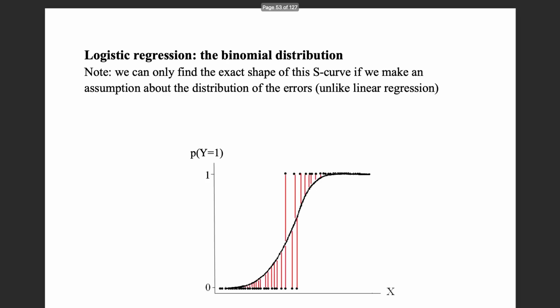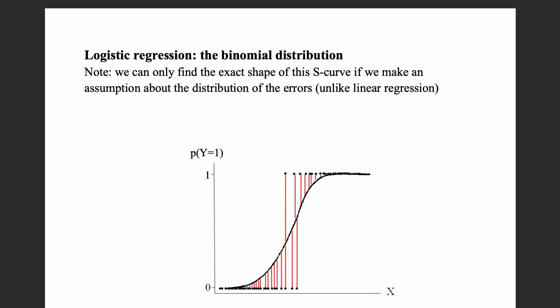So that is what the logistic regression model does, but notice that this has an implication, because our regression coefficients tell us how steep this S-curve is. Is it a very spread out S-curve, that means it's a pretty weak effect, or is it a very steep S-curve, that means it's a strong effect. But because we can't observe probabilities for individual cases, only zeros and ones, we have a bit of an issue here.